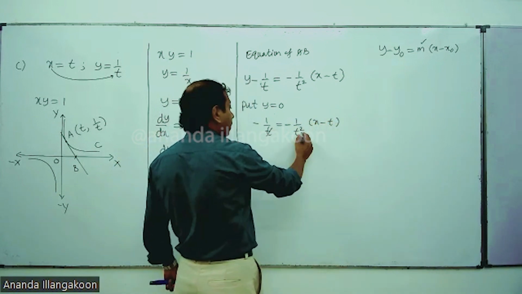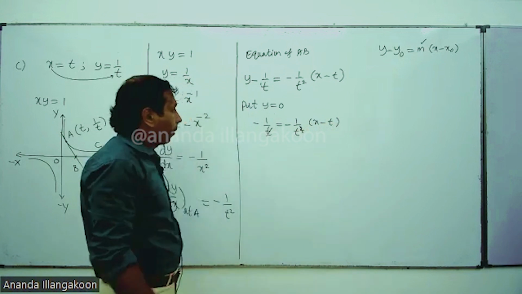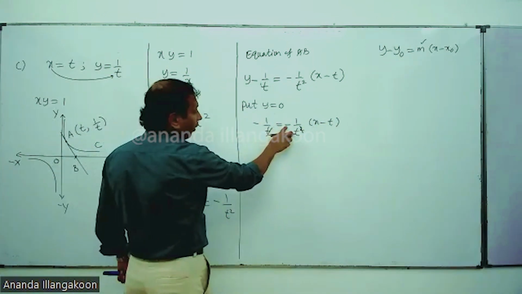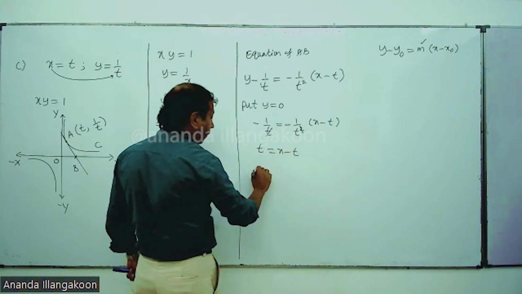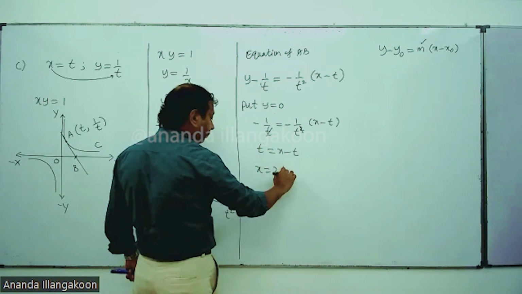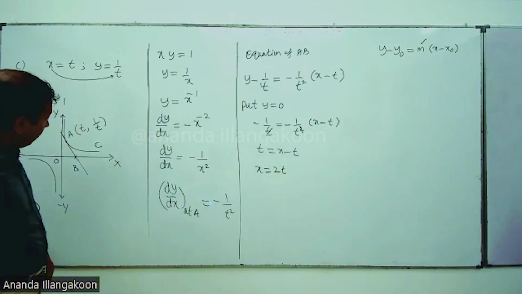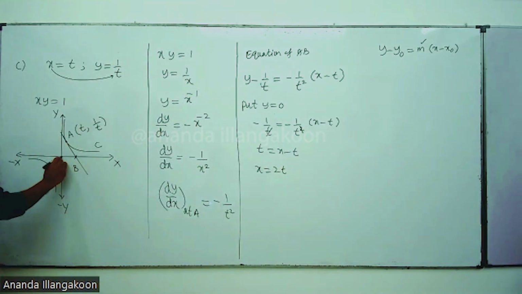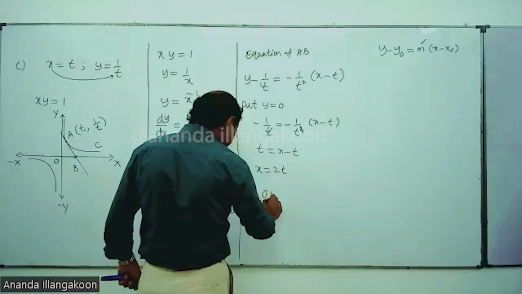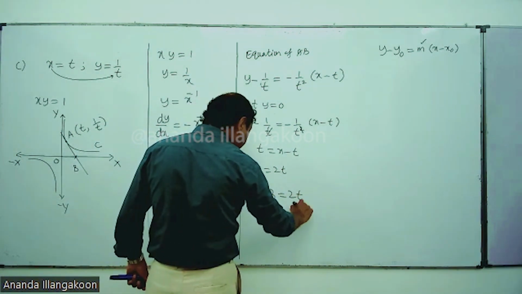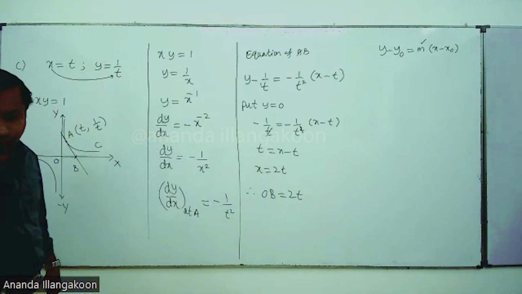This minus sign we can cancel, and bringing this t over, we get t equals x minus t. x is therefore 2t. x means this length. Therefore, what is OB? OB is 2t. Correct, no?